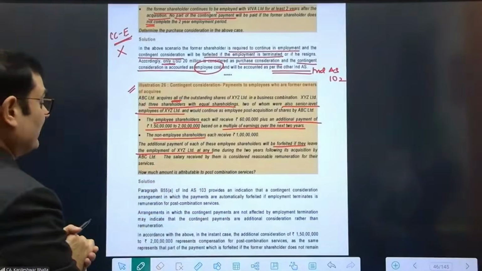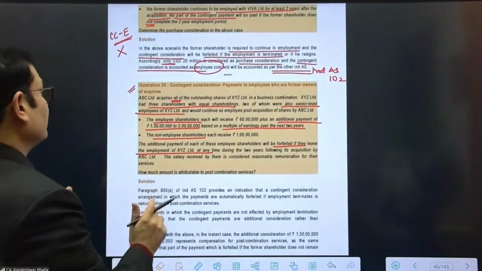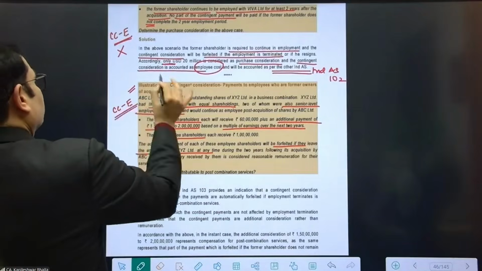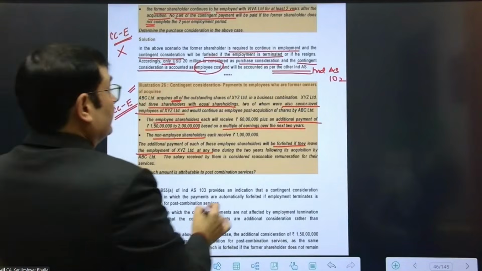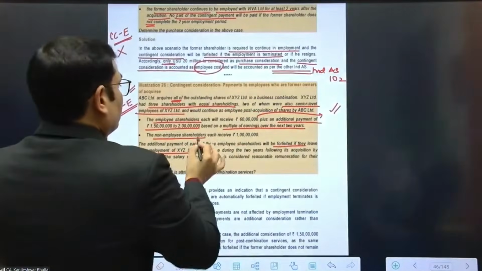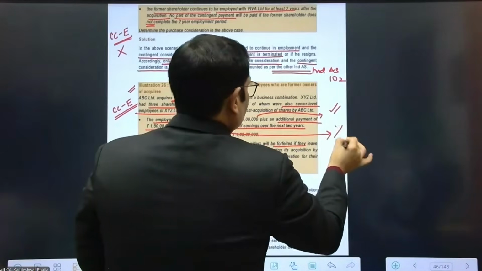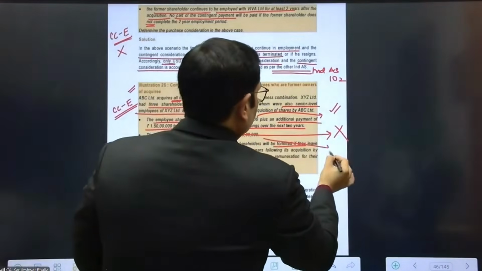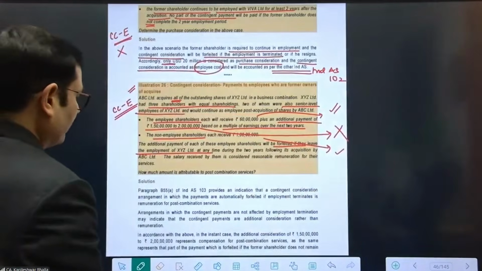So in this particular case, if I just give you the answer, it is supposed to be a CCE. So this 60 lakhs will definitely be a part of PC, but this range of money is not a part of PC. And what is paid to the non-employees, of course, is a part of the PC as well.